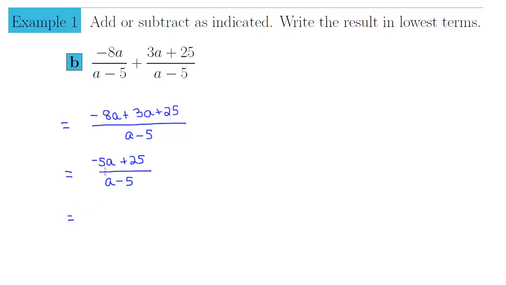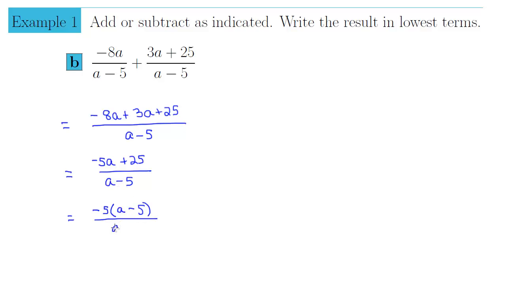Notice we can take out a common factor of negative 5. This is a little tricky because it's a negative factor we're pulling out, but we can handle it. To take a negative 5 away from negative 5a leaves us with a. To take out a negative 5 from positive 25 leaves us with a negative 5, because negative 5 times negative 5 is positive 25.